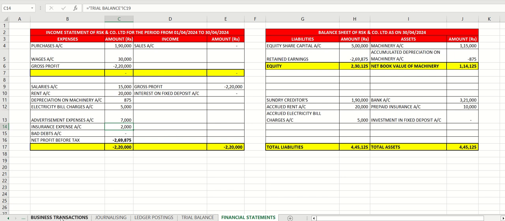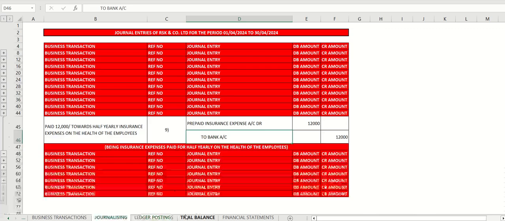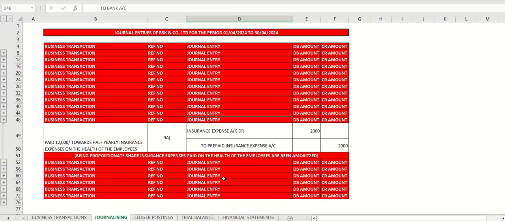Now let's move to the next business transaction. See, this is the insurance expense pertaining to the current period. As initially we debited the prepaid insurance expense account, the expense pertaining to the current period has been adjusted against the prepaid insurance expense account. Hope this is clear.